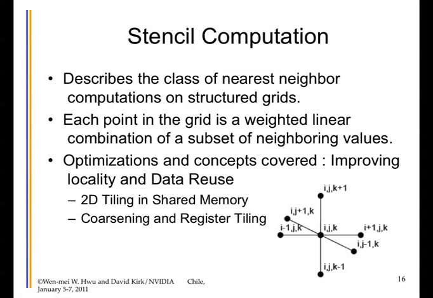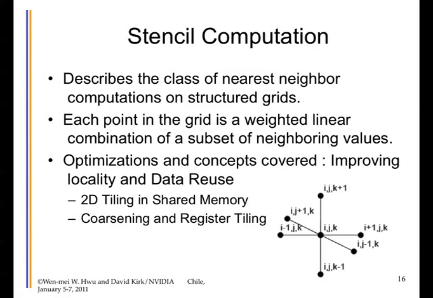So, we're going to be talking about a stencil code, and in particular, a 7-point stencil. Essentially, it's the center point and the neighbors from all the 6 surfaces. This calculation describes a class of nearest neighbor computations on structured grids, and is often used in PDE solvers, right?